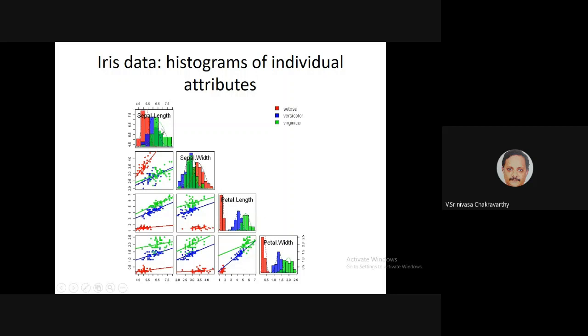In each of these diagonal squares there are 3 histograms, in 3 colors. Each color represents 1 flower class: red is Setosa, blue is versicolor, and green is virginica. If you take only sepal length, what's the histogram like for the 3 flowers? That is shown in this square. Then sepal width, 3 histograms, petal length, 3 histograms, and petal width, 3 histograms.